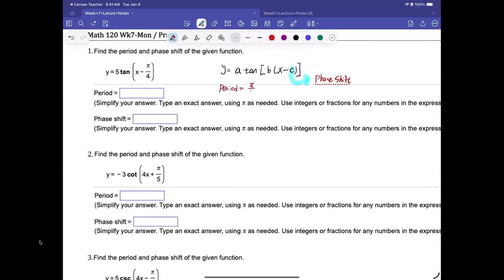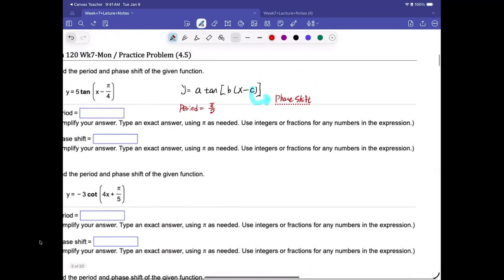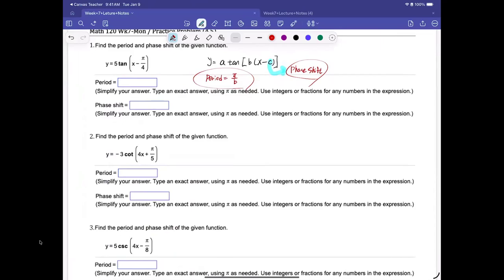It is pi over b, not 2, sorry. So this number 1 is the same as this one. Actually, b is 1, so this is the same as this, right? So that's why the period is pi. And then the phase shift is what? Pi over 4. Bingo. Right.